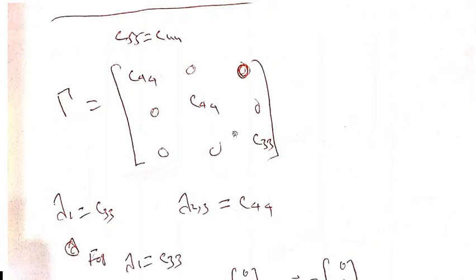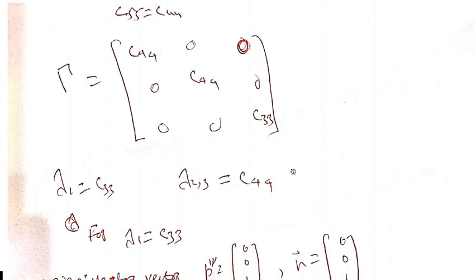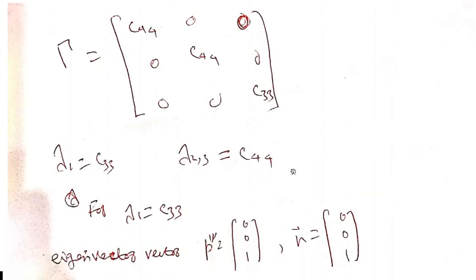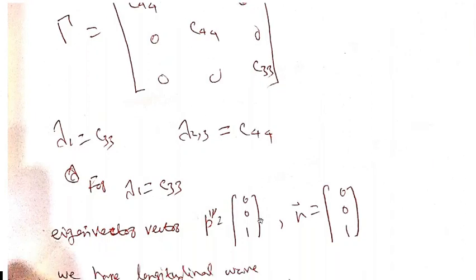So lambda 1 is this, and lambda 2 is a repeating eigenvalue, C44. For lambda 1 we have again a longitudinal wave with P1 parallel to n. Then it means the other two waves will be transverse with speed square root of C44 over rho.